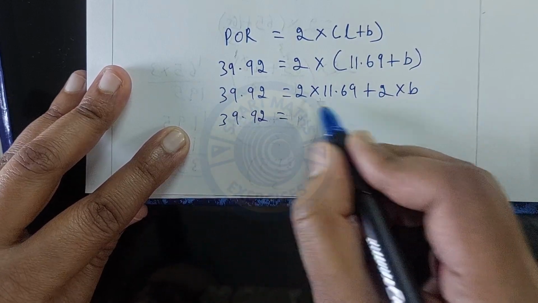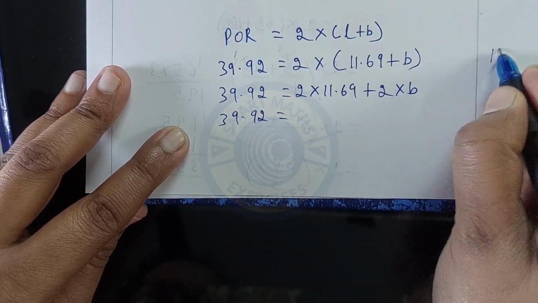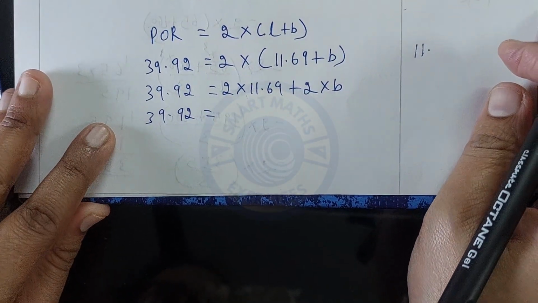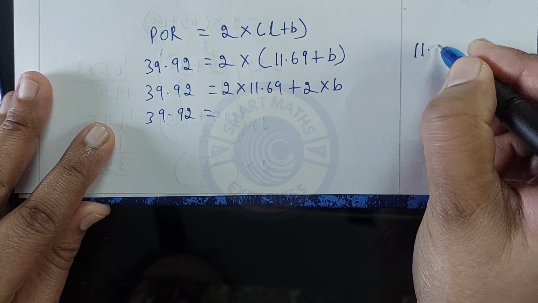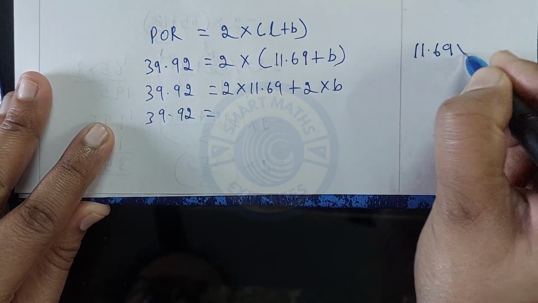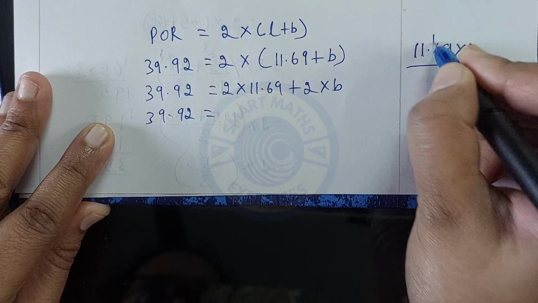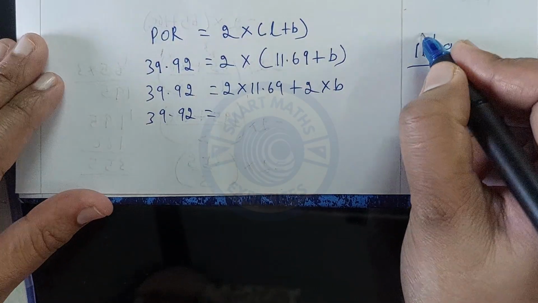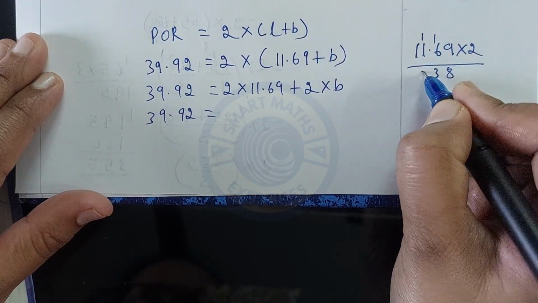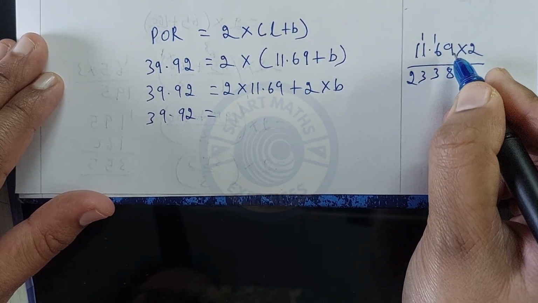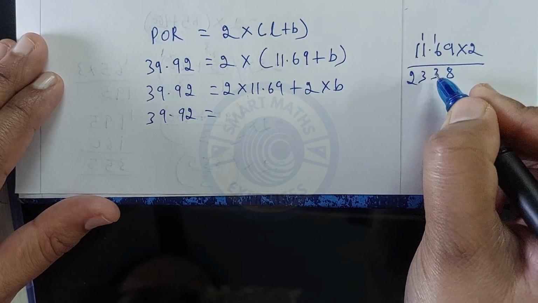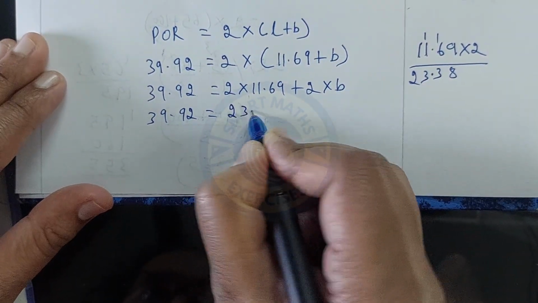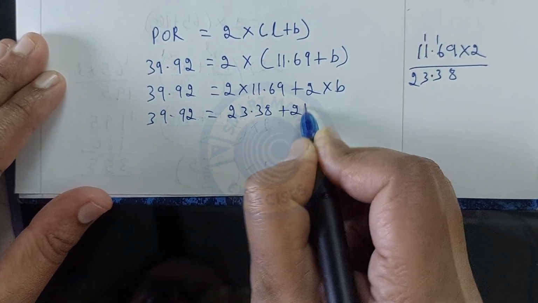39.92 equals to, multiply 2 into 11.69. 2 9s are 18, 2 6 are 12, 12 plus 1 13, 2 1s are 2 plus 1 3, 2 1s are 2, there is decimal point after two digits, 23.38 plus 2b.